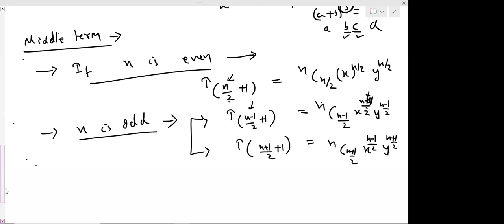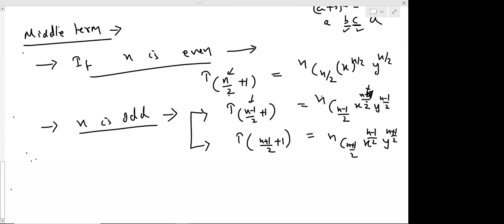इसको और सिंपली ऐसे भी याद कर सकते हैं. When n is even, then the middle term you have to find is n by 2 plus 1.